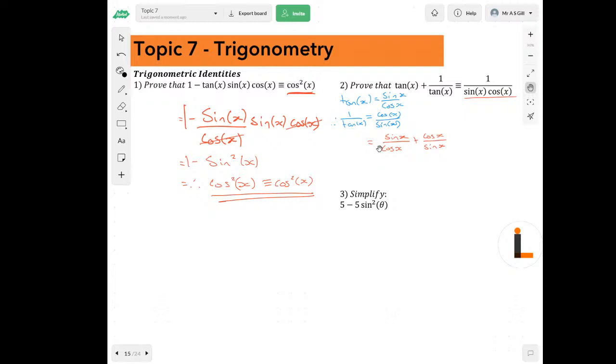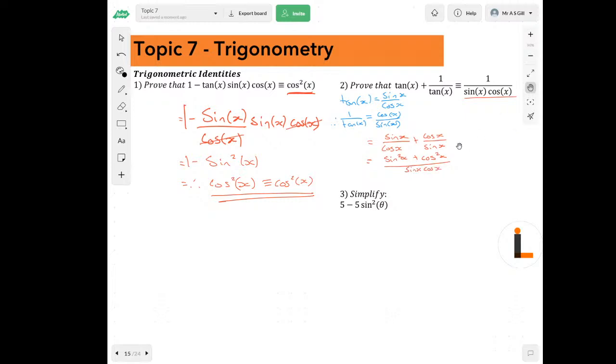And in order to add these fractions, obviously we need a common denominator, which means we're going to have to cross multiply. So I'm going to have to multiply this fraction here by sine x and this fraction here by cos x. So actually what we end up with is sine squared x plus cos squared x over sine x cos x.